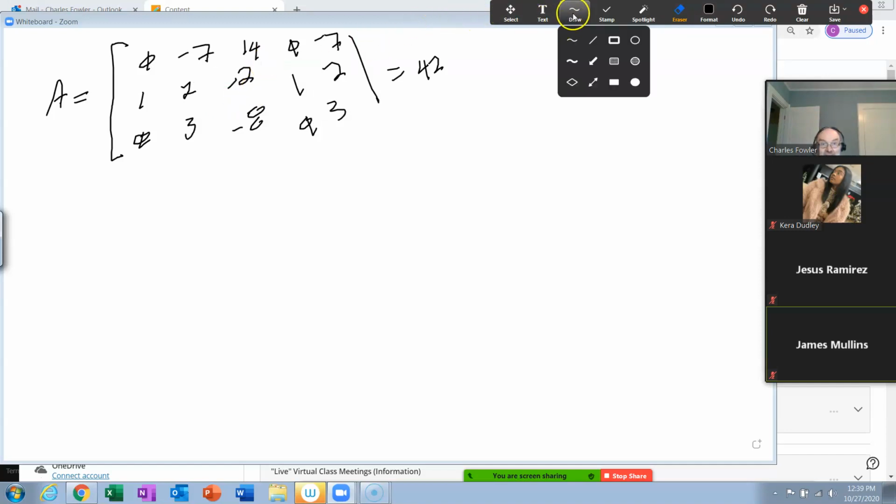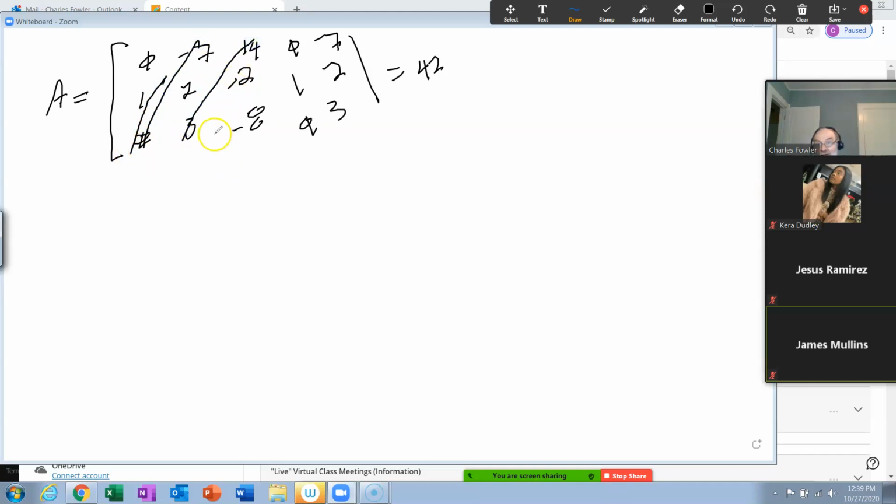Okay, now I'm going to do my up diagonals. That one's going to be a 0. Ooh, this one's going to be that's going to be again a 42 times a -2 would be 84, but it's a plus 84, so that's going to be a 84.